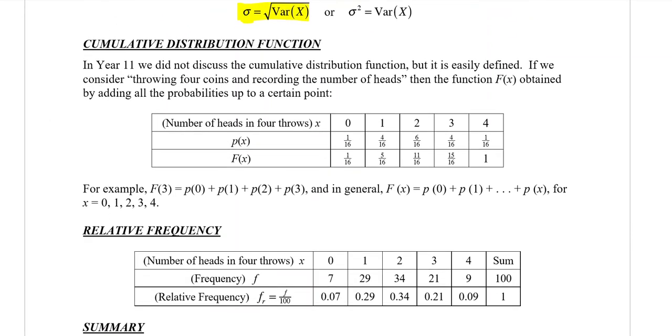Cumulative distribution function. In year 11, we did not discuss the cumulative distribution function, but it is easily defined. If we consider throwing 4 coins and recording the number of heads, then the function F of x is obtained by adding all the probabilities up to a certain point. Now notice that is a capital F of x.